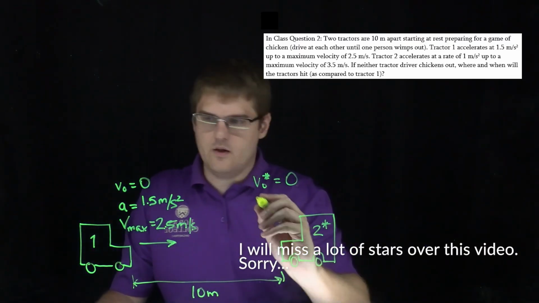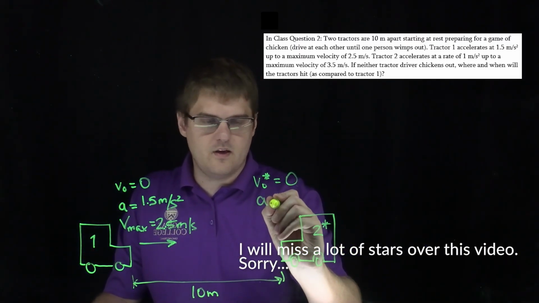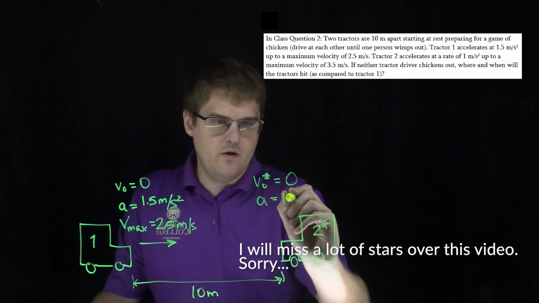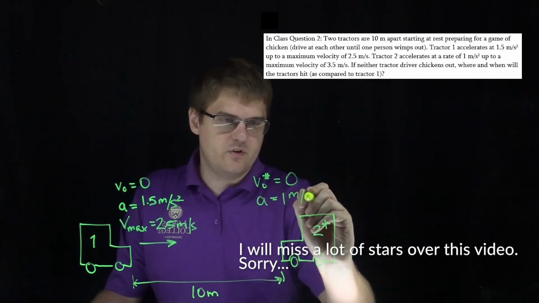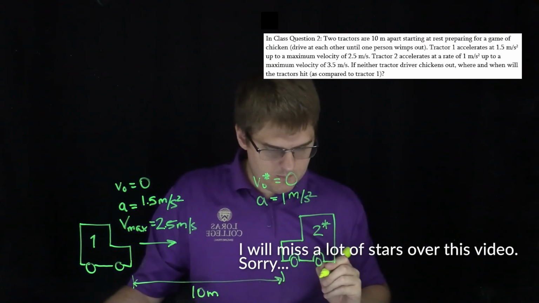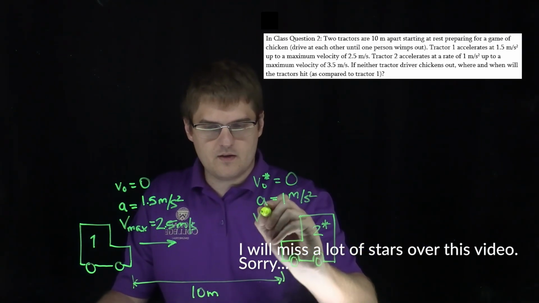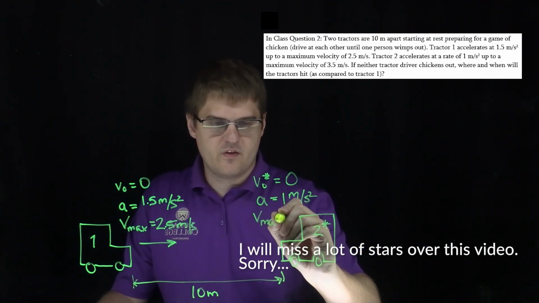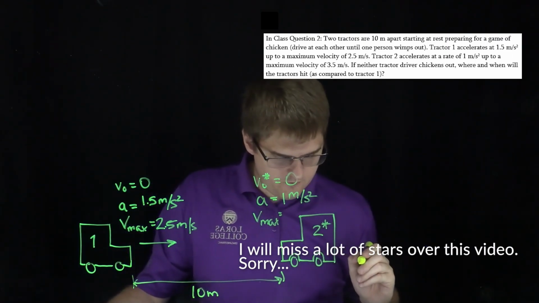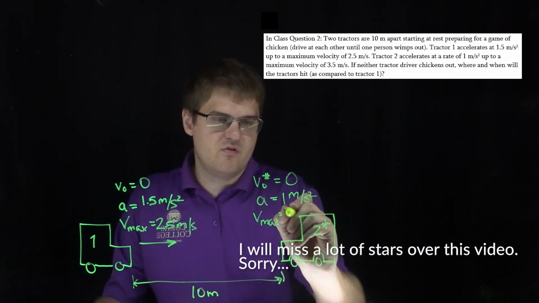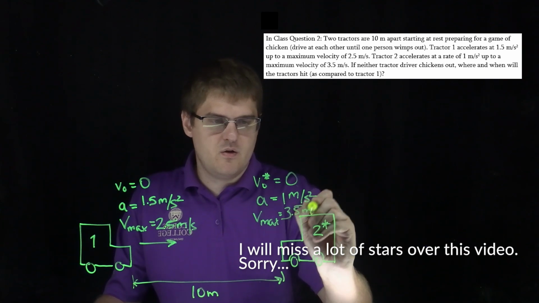It is accelerating slower, so it is accelerating at 1 meter per second squared. But it will make it all the way to a maximum velocity of 3.5 meters per second.